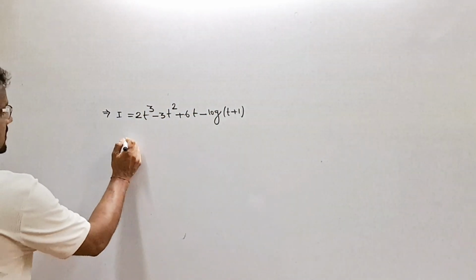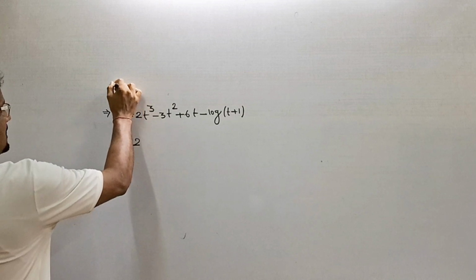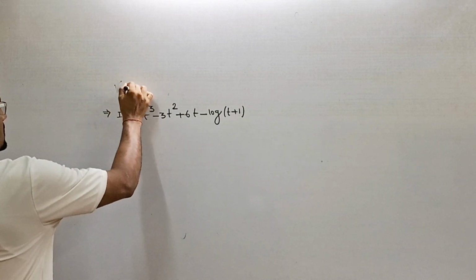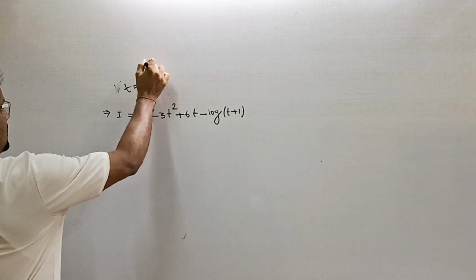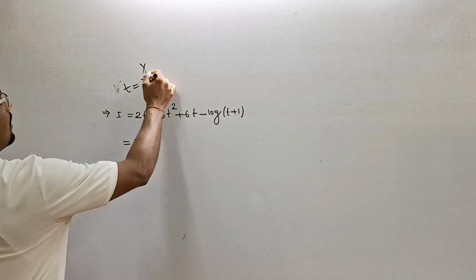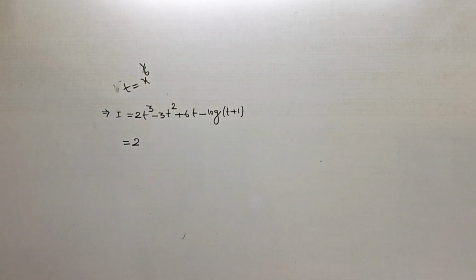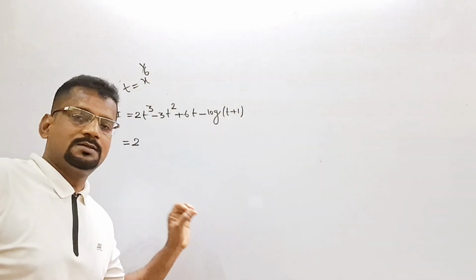So if we replace it, because t is, as per substitution, x to the power 1 by 6, it was assumed as t.